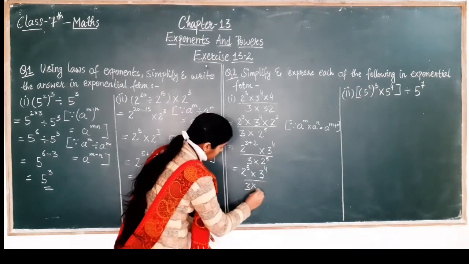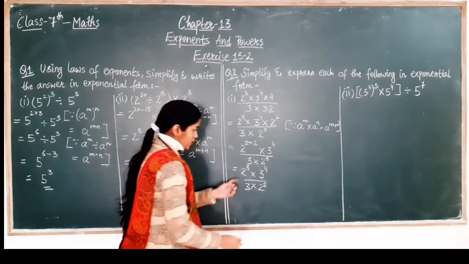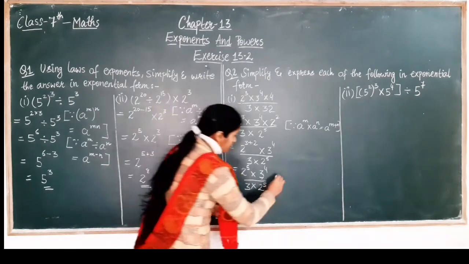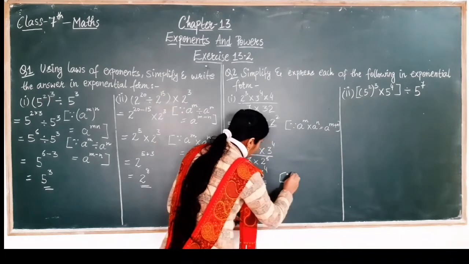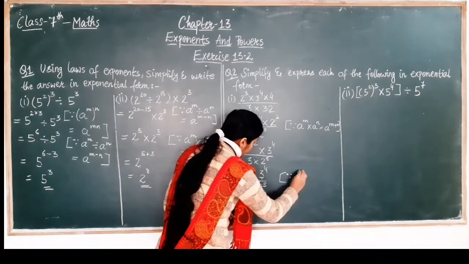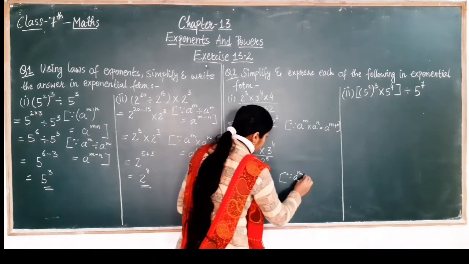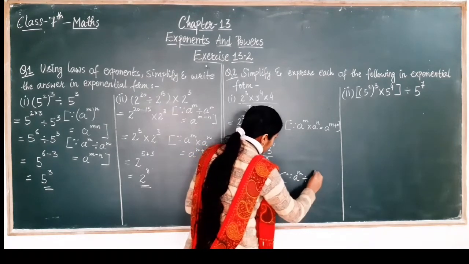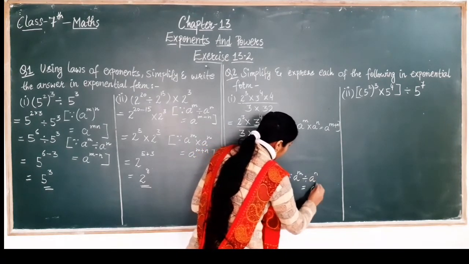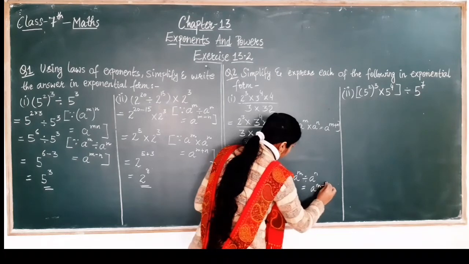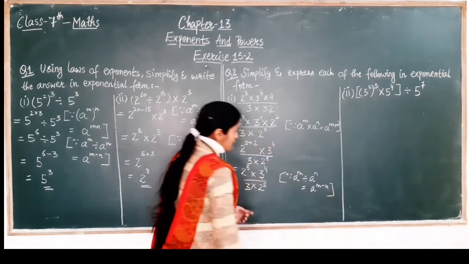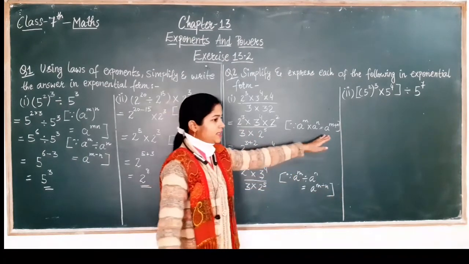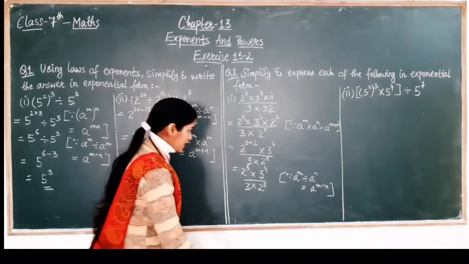2 raised to the power 5 multiplied by 3 raised to the power 4, divided by 2 raised to the power 5 multiplied by 3. For further solving, we will use another formula, that is a raised to the power m divided by a raised to the power n, that is a raised to the power m minus n. Okay. So in multiplication we add the powers, in division we subtract the powers.